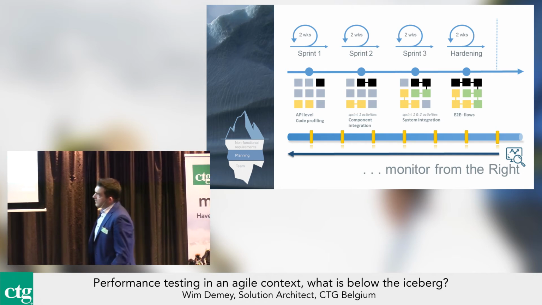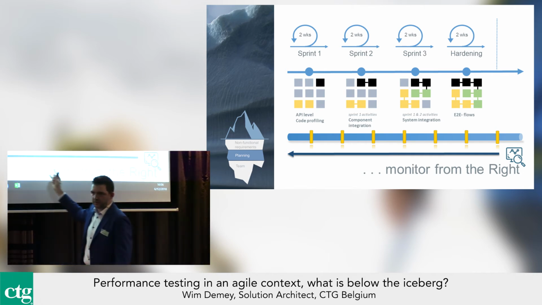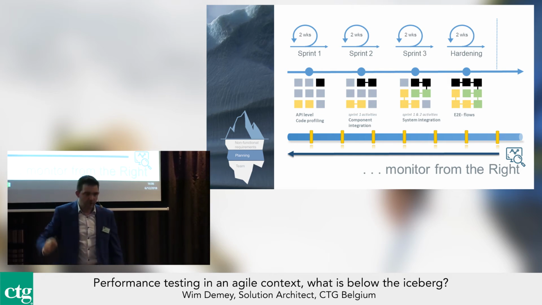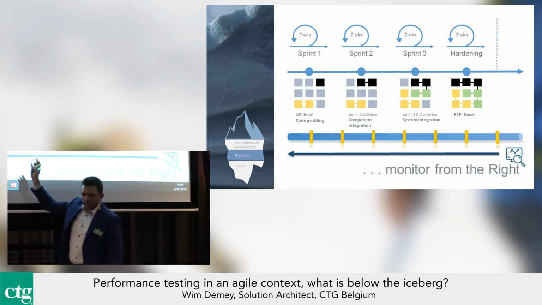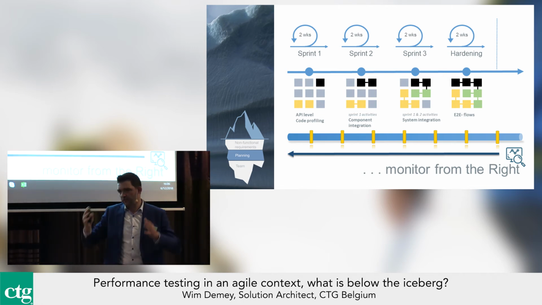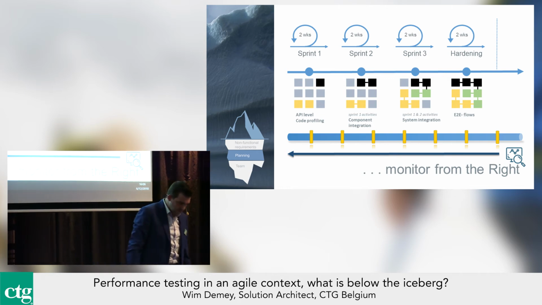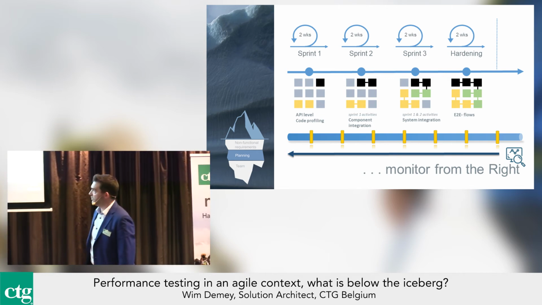And one thing to add is performance has an ongoing cost. And that's often forgotten. So sometimes people think, okay, in sprint 1, we will focus on the performance. And what we develop, we will ensure that it is according to the performance requirements.